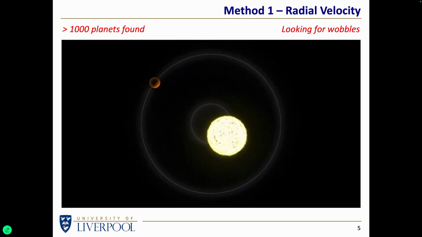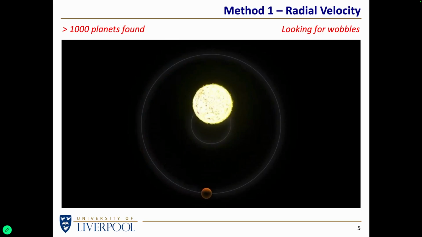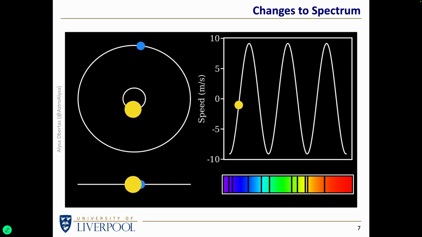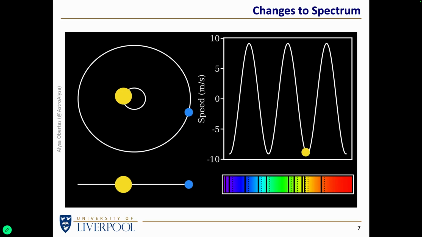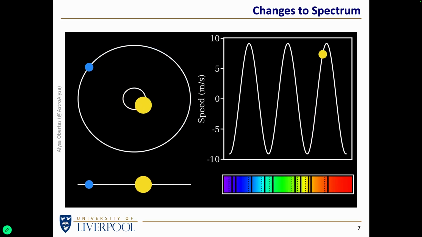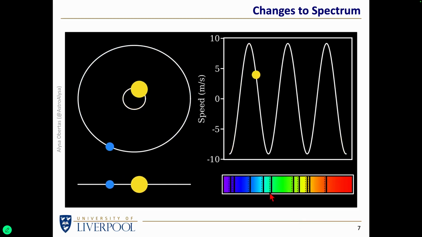That particular animation sort of implied that the light of the star would turn red if it's moving away from us, or turn blue if it's moving towards us. That's not really quite how it works. Perhaps a better indication is this spectrum in the bottom right of this animation, which indicates what you would actually see. You won't necessarily see the light from the star change colour, but if you look at absorption lines indicated here by these black lines, they will appear to move backwards and forwards in the spectrum.